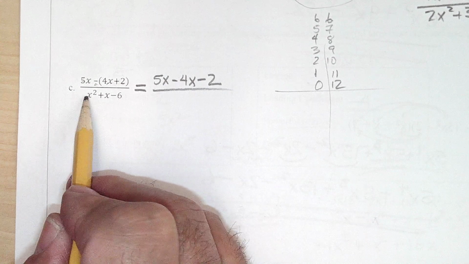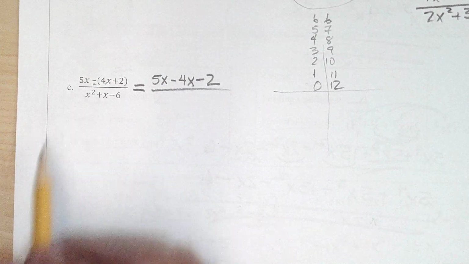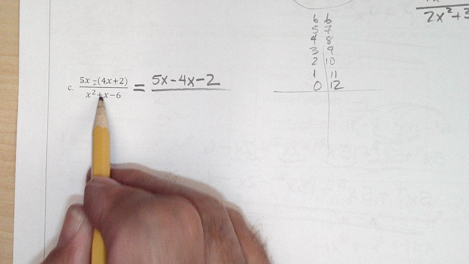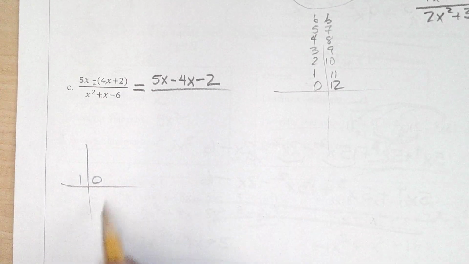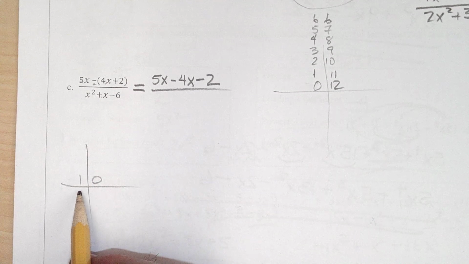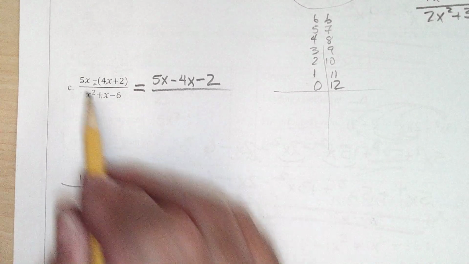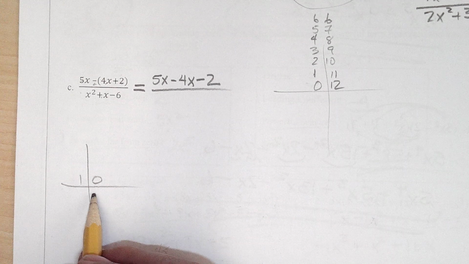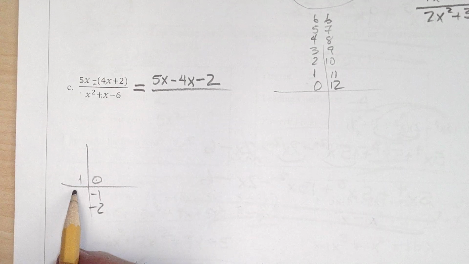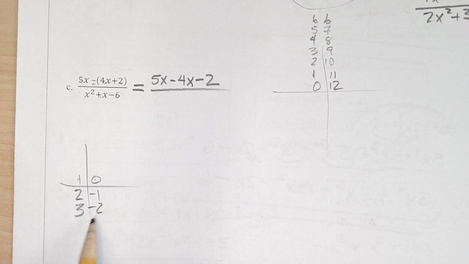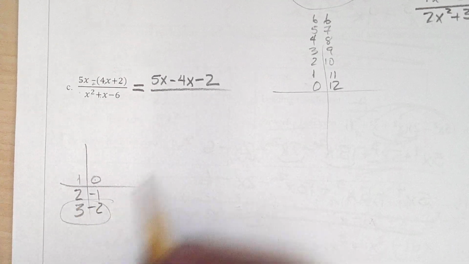And this looks like something that nothing comes out, but the factoring says we got to line up 1 with 0 and keep them adding to be 1. So if I got to get minus 6, if I make this go negative, like minus 1 and minus 2, and they got to add to be 1, this has to be 2 and 3, and there is minus 6.